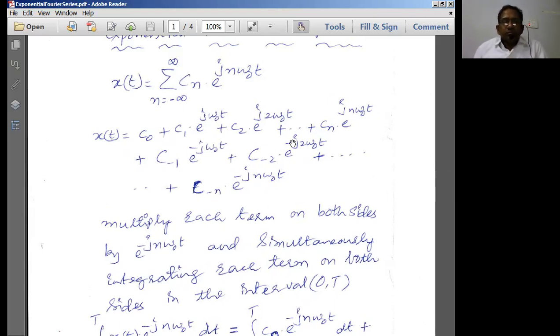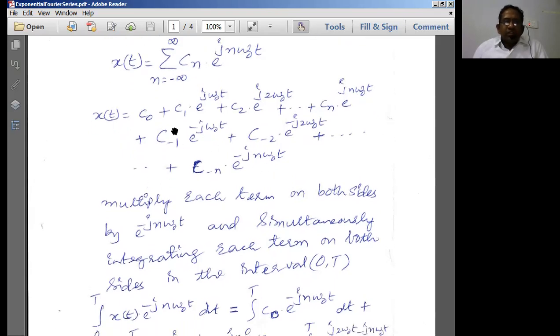Now here we are going towards finding the expression for Cn. So x of t, I can expand this as: x of t is equal to C0 plus C1 e power j omega naught t plus C2 e power j 2 omega naught t, and so on. If n is equal to 0, I can substitute Cn as C0, because e power 0 is equal to 1.